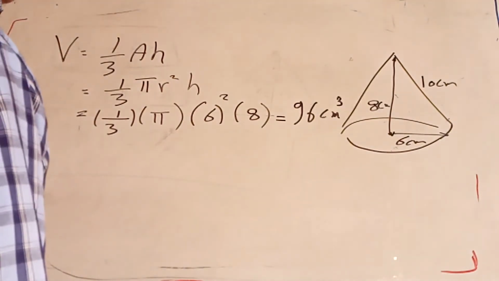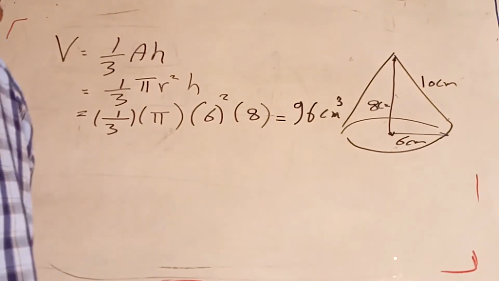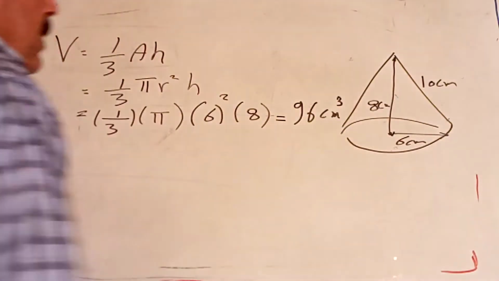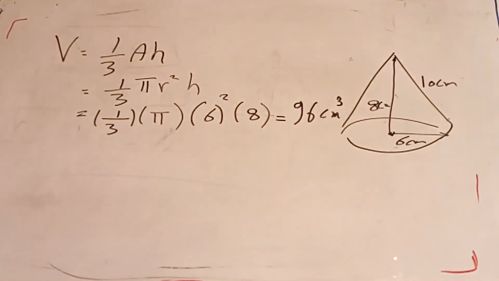Find the total surface area. The total surface area is the surface area of the curved side plus the surface area of the circular base.